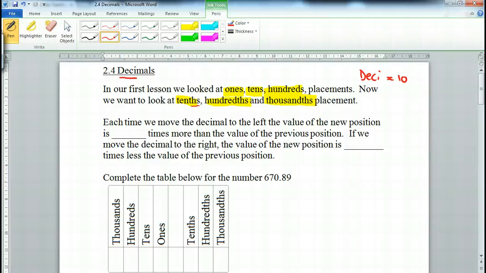For example, each time we move the decimal to the left, the value of the new position is 10 times more than the value of the previous position. And if we move the decimal to the right, the value of the new position is 10 times less than the value of the previous position.